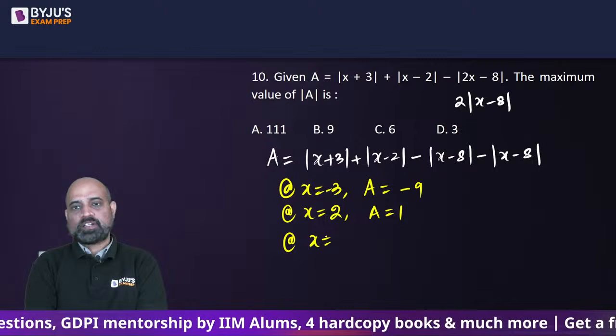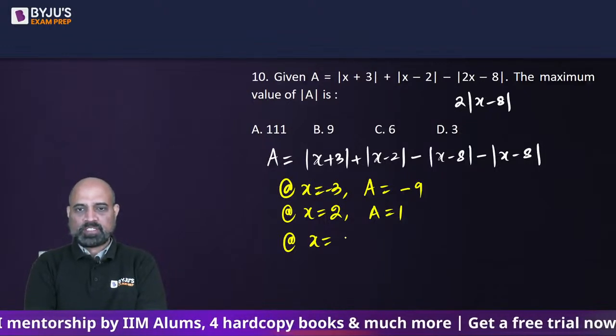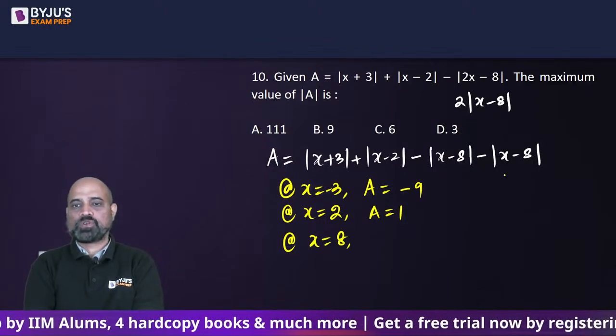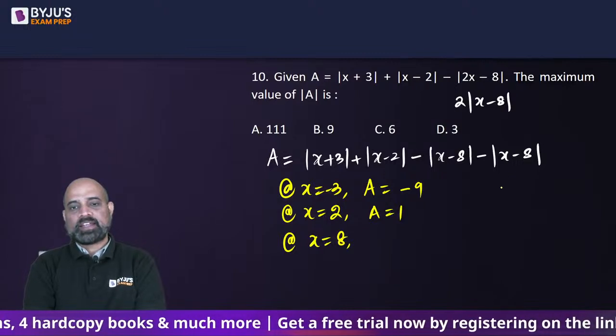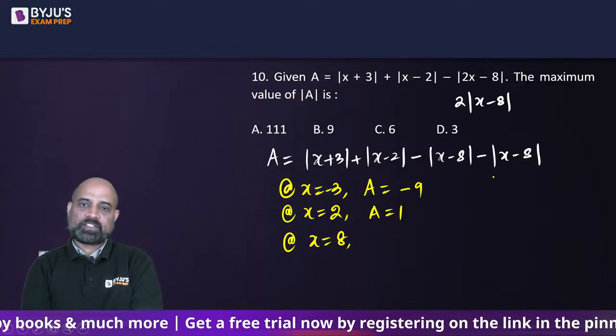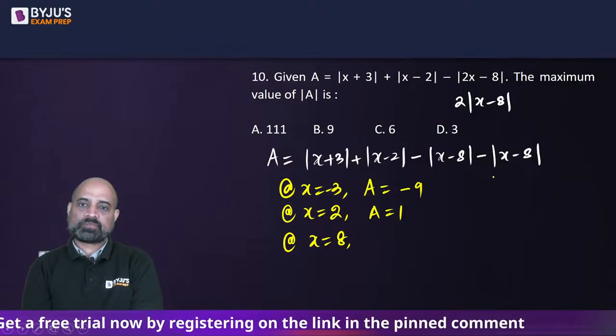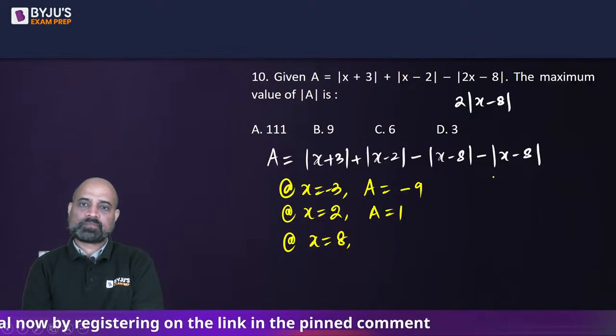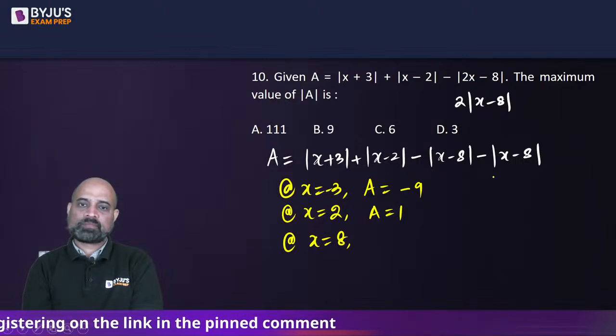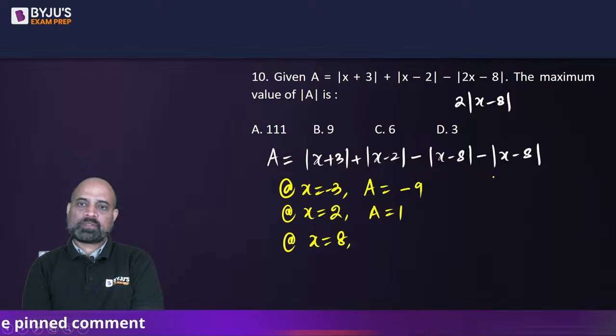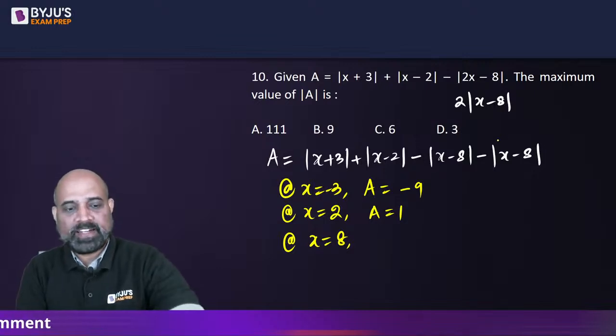And when the third and fourth mod, they both are same, when that is 0, you will be getting x is equal to 8, sorry, not 8, this is 4.